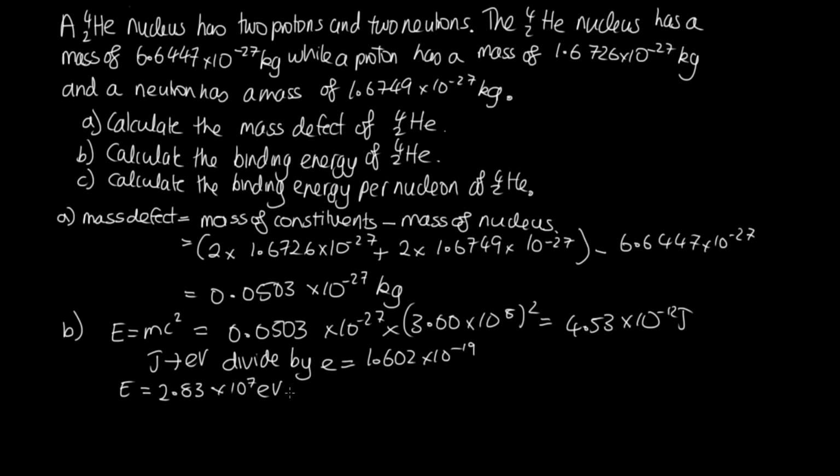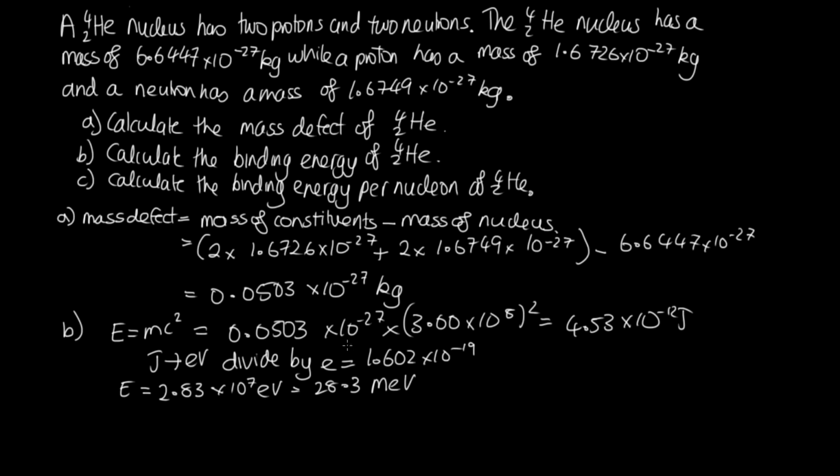And then if we wanted in mega electron volts, mega means times 10 to the 6, so this is equal to 28.3 mega electron volts. And so often this is a unit that is used to express these binding energies, just because it's more convenient. 28.3 is a nicer number than 4.53 times 10 to the minus 12 joules, or at least it's easier to visualize.